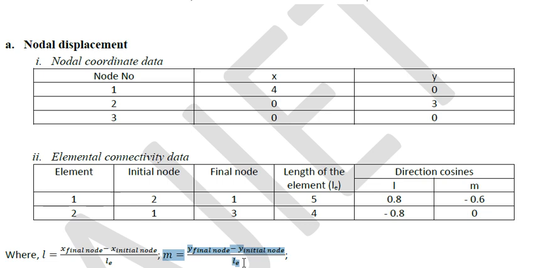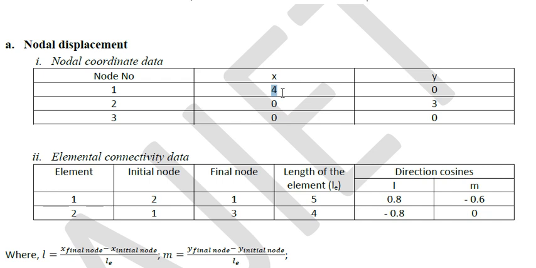Okay, now here we shall consider element 1. Which is the final node? 1. Which is the initial node? 2. Final node is 1, initial node is 2.